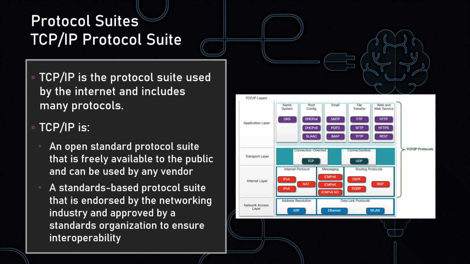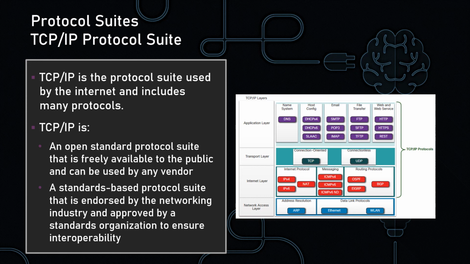The internet layer has IP versions 4 and 6 as well as NAT. Messaging has ICMP, Internet Control Message Protocol, versions 4 and 6, as well as version 6 ND. Then we have routing protocols. So Open Shortest Path First, or OSPF, External Internet Gateway Routing Protocol, or EIGRP, and then BGP, which I believe is Border Gateway Protocol.